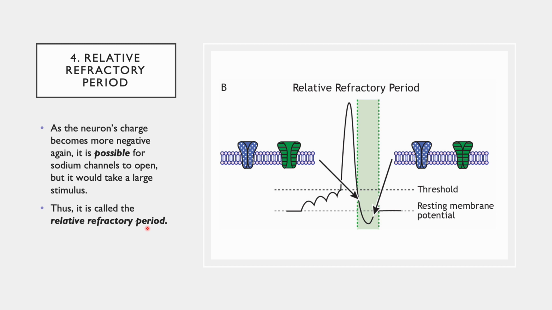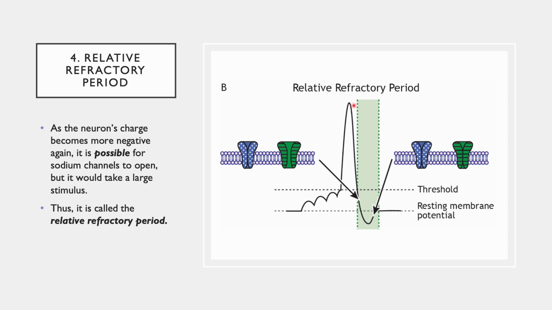And for your first exam, make sure you understand the difference between the absolute refractory period up here at the overshoot and the relative refractory period down here during the repolarization and the hyperpolarization phase. Remember that during the absolute refractory period up here, another action potential cannot occur.